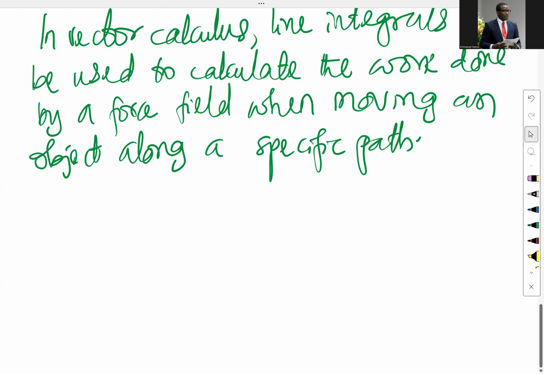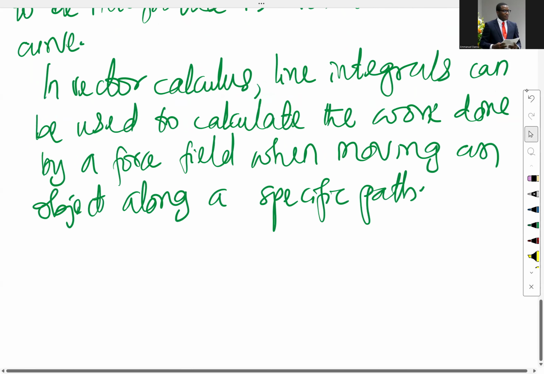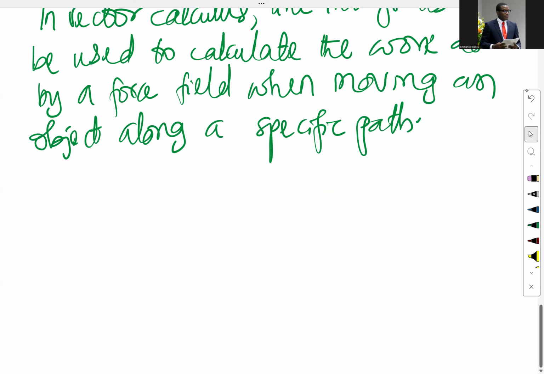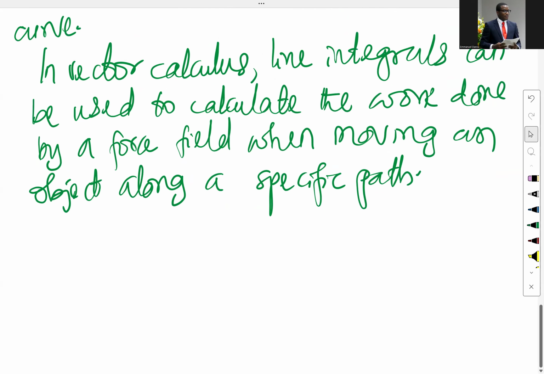Okay. So, since we are still talking about line integrals, let's give a kind of mathematical definition.